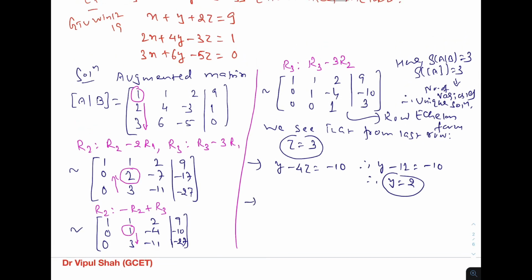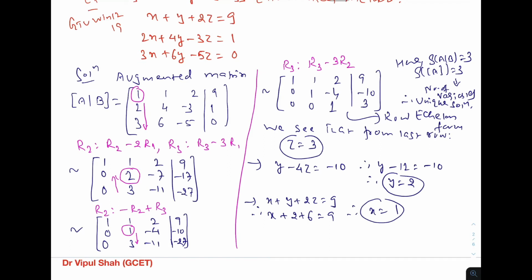And from the first row we have x plus y plus 2z equal to 9. So now x plus 2 plus 6 equal to 9, and therefore x is equal to 1.